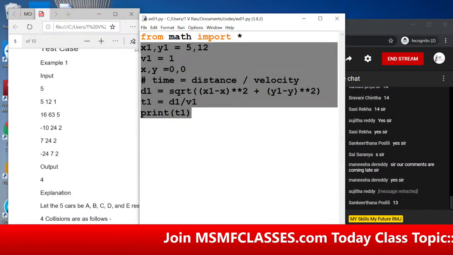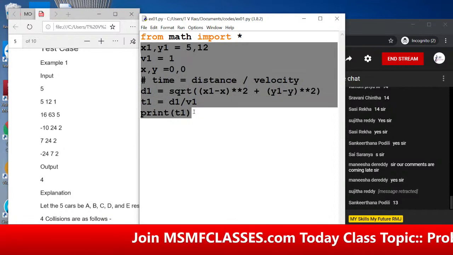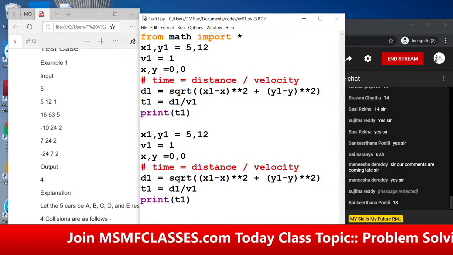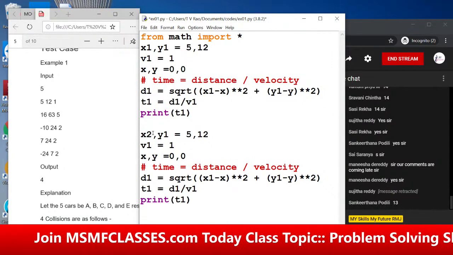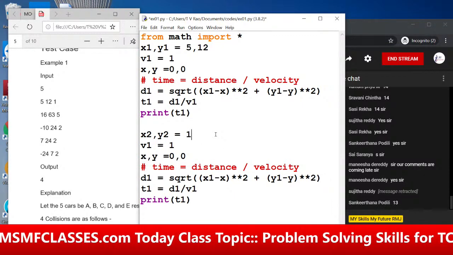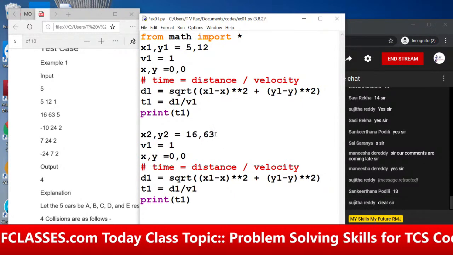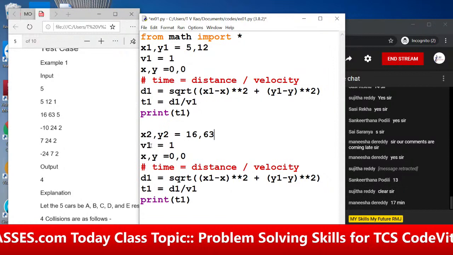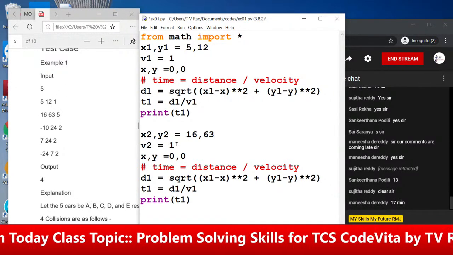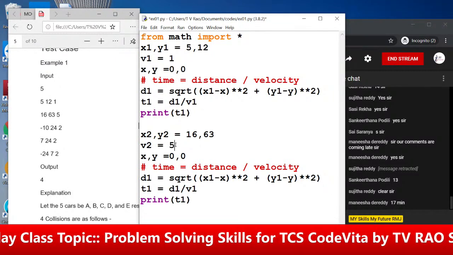Now let us take the second car. x2 and y2 is equal to 16 comma 63. What is velocity? Third value is velocity. Velocity is 5.